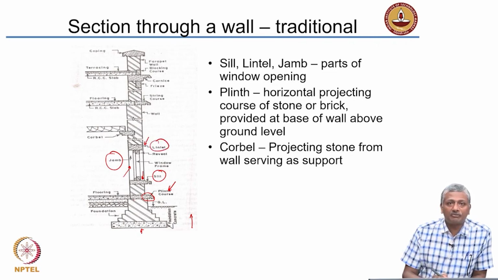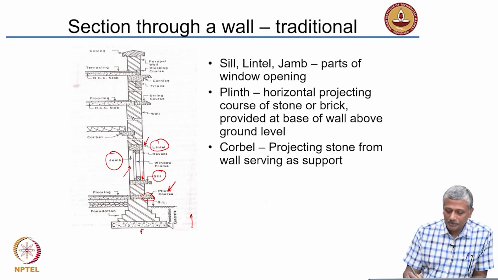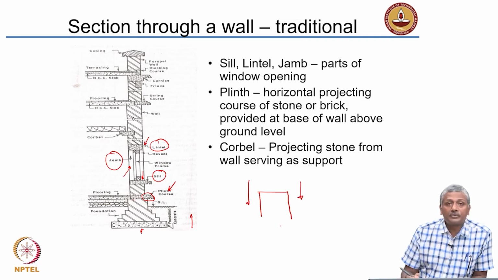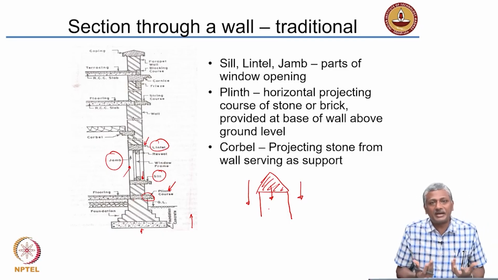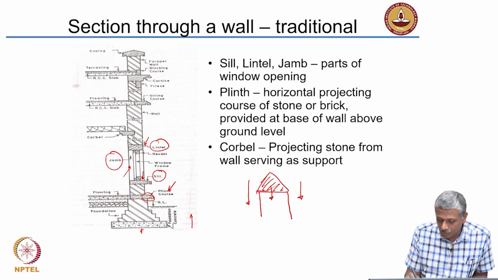Now, that is a very important function that the top of the opening has to perform, because if you have an opening like this, the load of the wall on the side is obviously coming down without any problem, but this load here, there is nothing to bear that load. That load has to be borne directly by the opening, and obviously the opening does not have a material, so it can't bear that load. So, you need to form something which is strong here, which can bear that load.